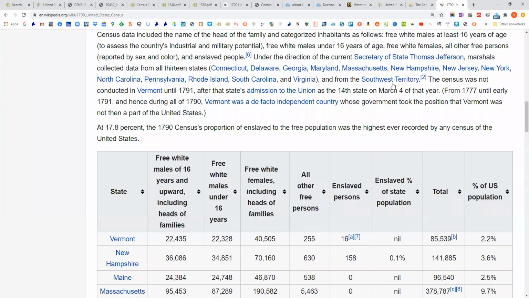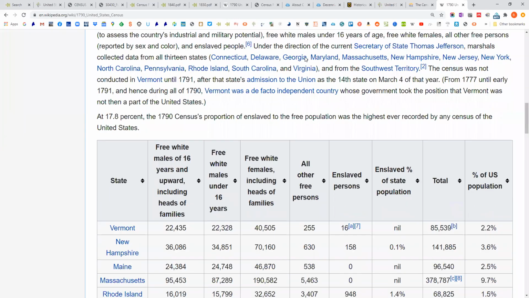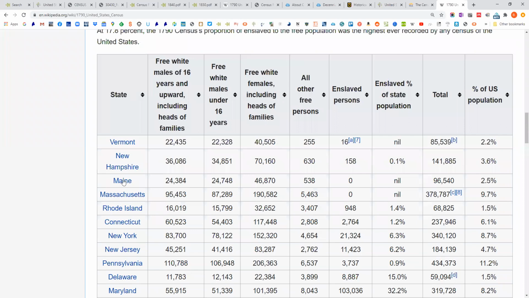So this is interesting. This is actually just a straight Wikipedia article on the 1790 census. And it's looking at the state. And Vermont didn't become a state until the next year, but it was counted as, they did a census and it was counted as 1790. And so in 1790, there were 5 categories of people.